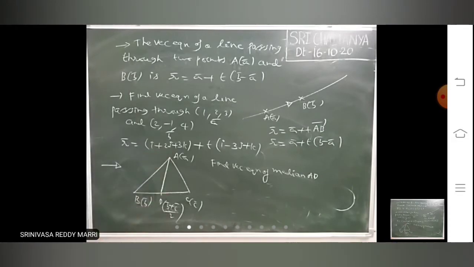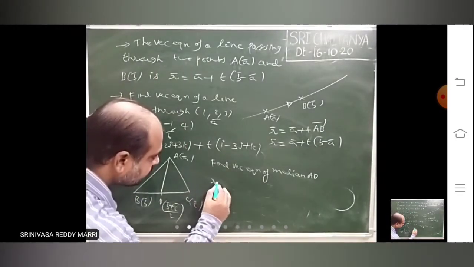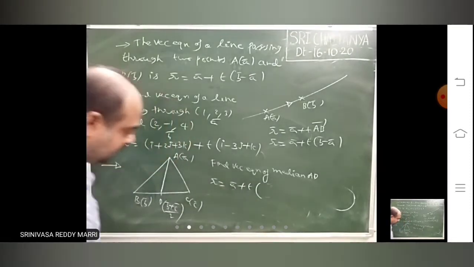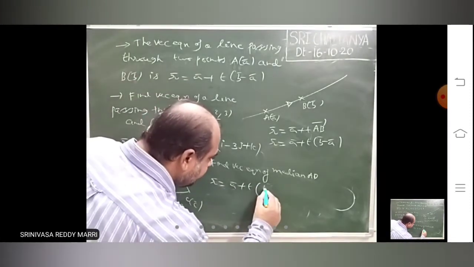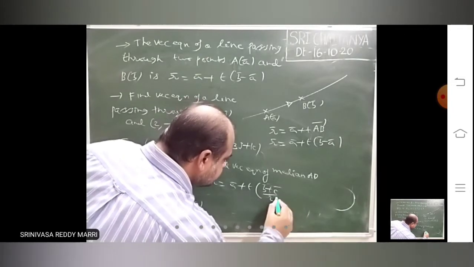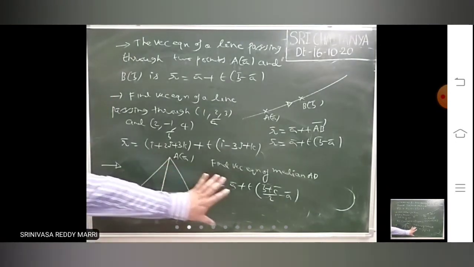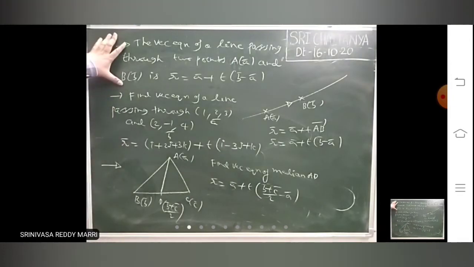Using the above formula, R bar equal to A bar plus T into B bar minus A bar, this is the vector equation of median AD. This has 2 points whose position vectors are known.